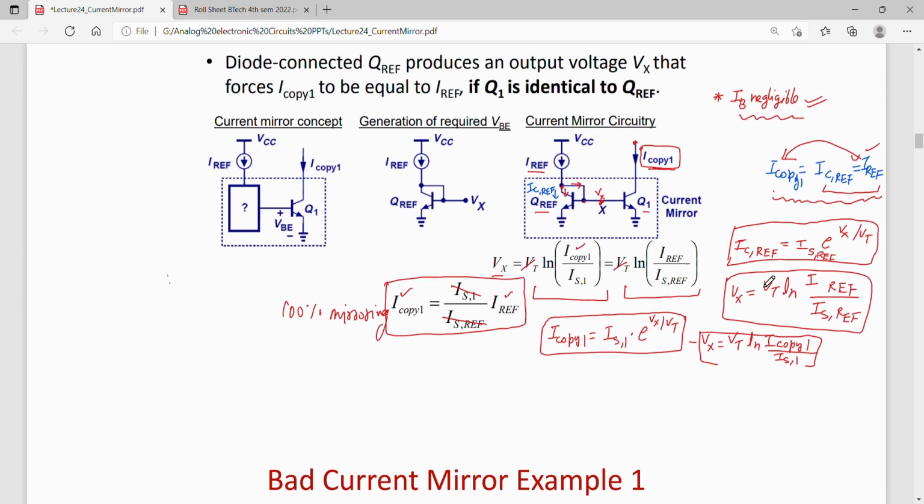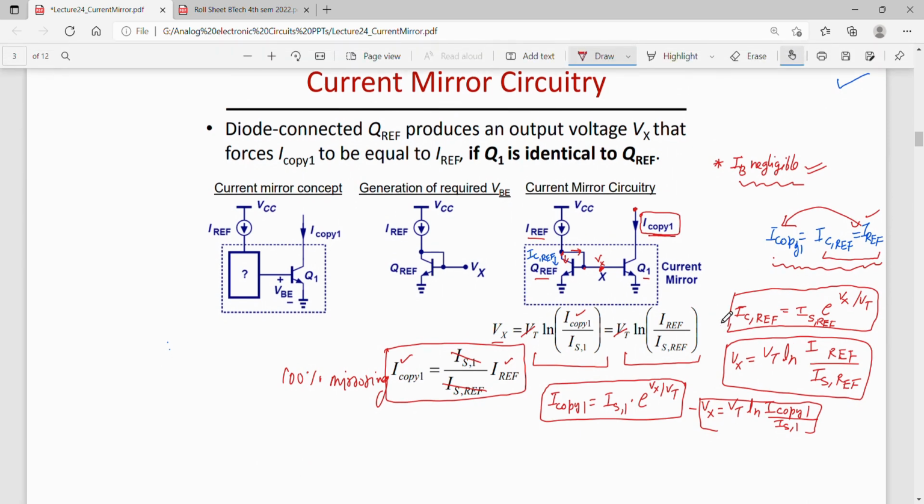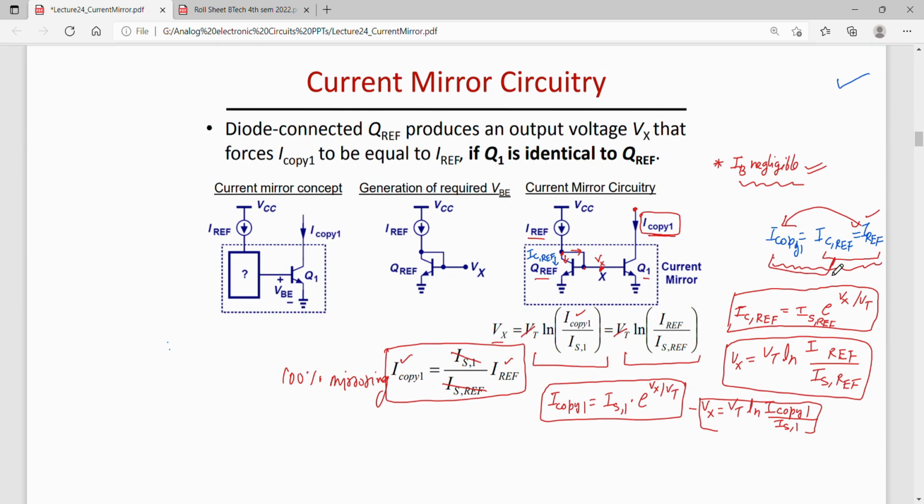The current drawn by the transistor was IC ref, not I ref. But in that case, since we assume that the base current is negligible, I ref could be IC ref. So I copy could be I ref.